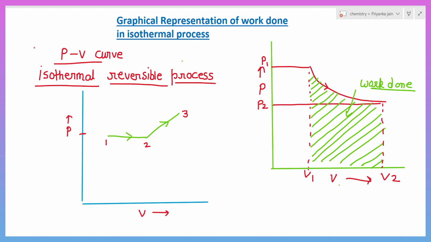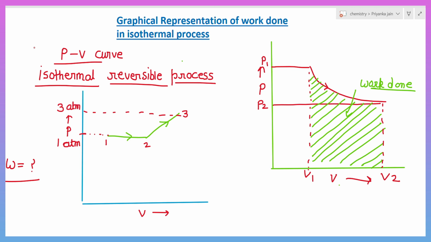Suppose we are given this type of process and we have to find the work done. What is the work done? This is the question. First of all, you will have to see the pressure terms. Suppose at this point the pressure is 1 atmosphere, and at this point the pressure is 3 atmosphere.